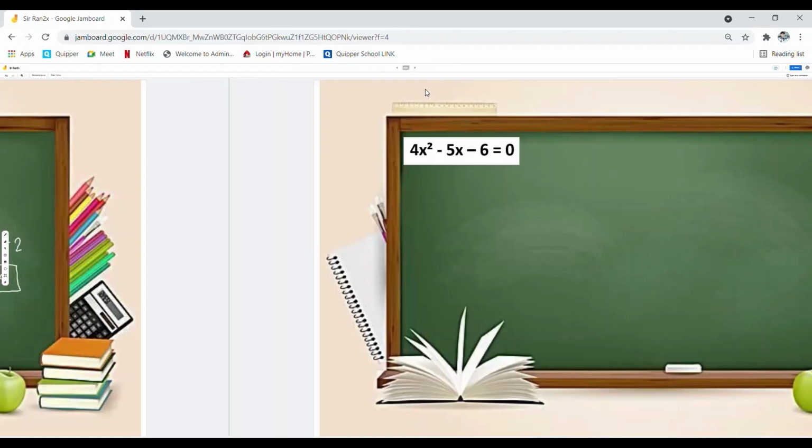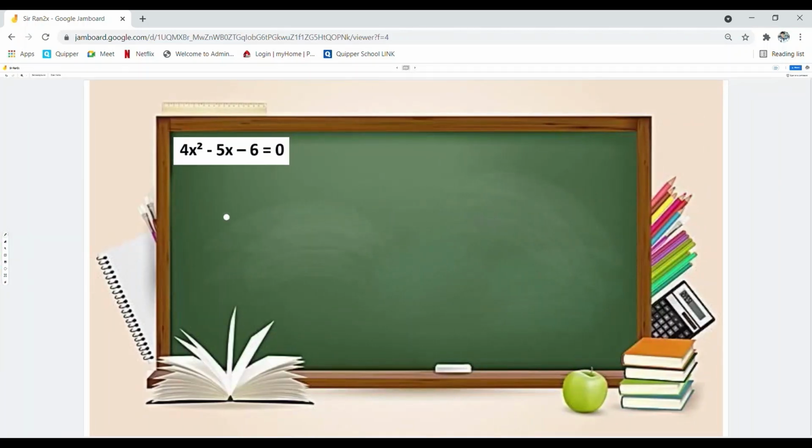Now let's proceed to the next given. Here it's a case 2 trinomial. When we say case 2 trinomial, it's where a is not equal to 1. So what are we going to do if the given quadratic equation has a not equal to 1?